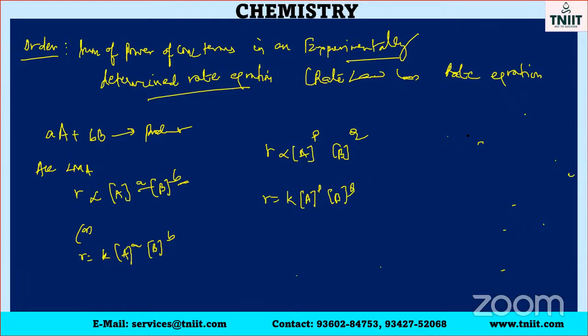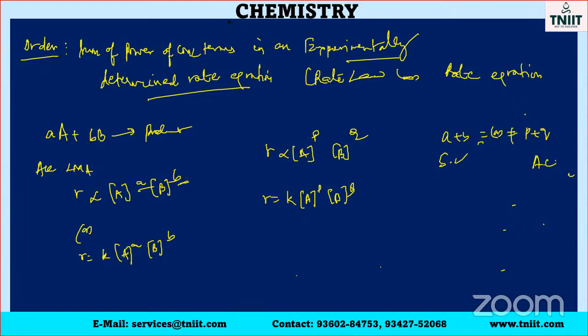Now a plus b may or may not be equal to p plus q. There is no condition that a plus b is always equal to p plus q. There is a stoichiometric coefficient, and there is an actual coefficient.